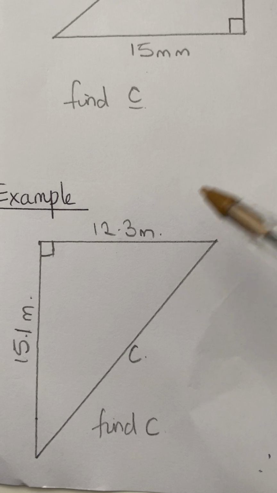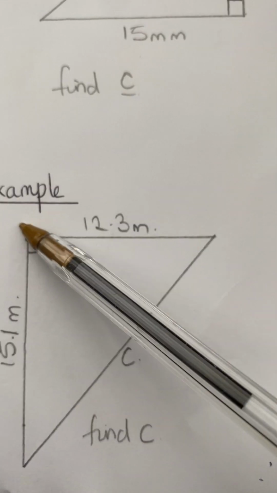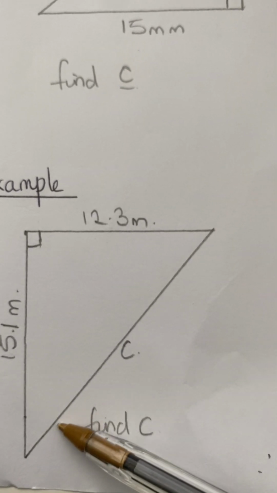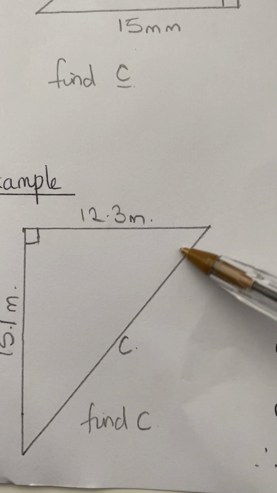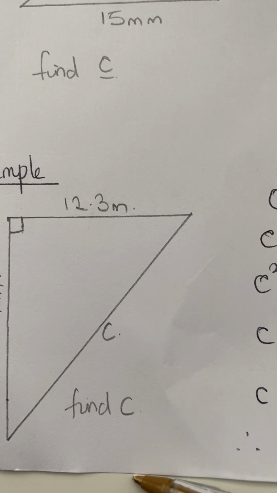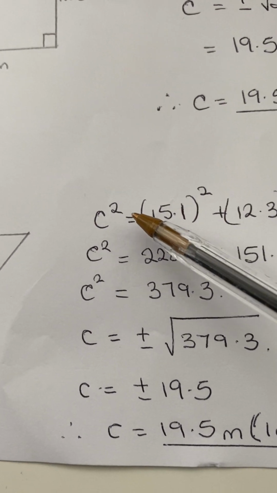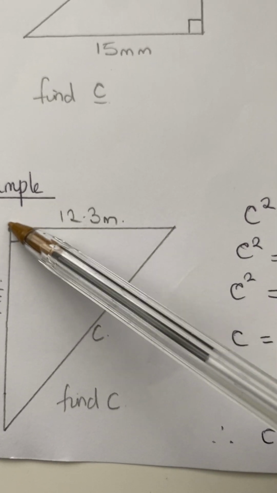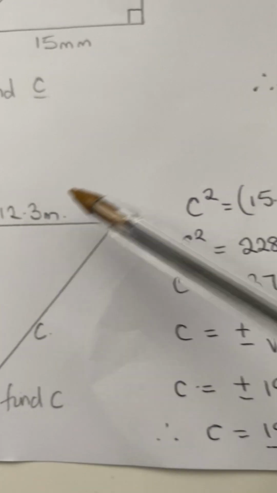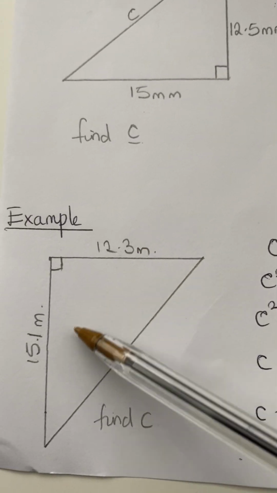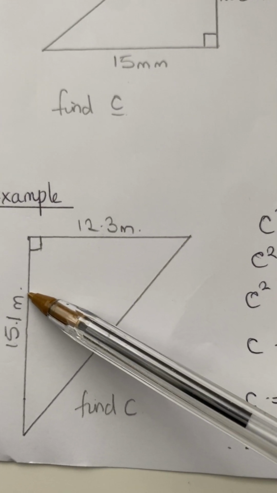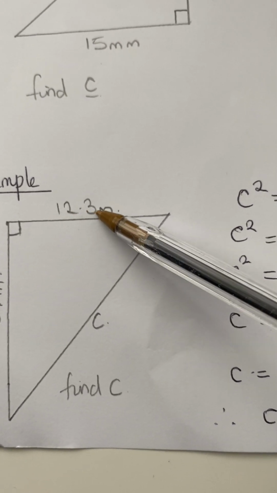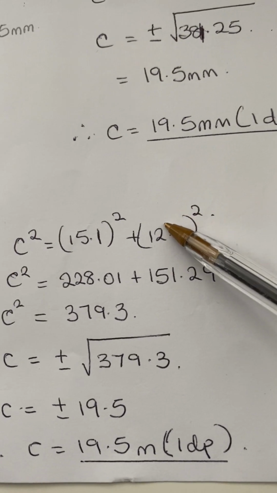Now we know this side and this side, the A and the B, but the C part, we are asked to find C. So c squared again, this part, which is opposite the right angle, will be equal to 15.1 squared plus 12.3 squared.